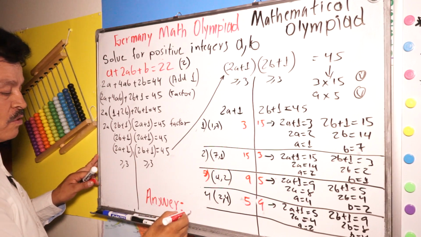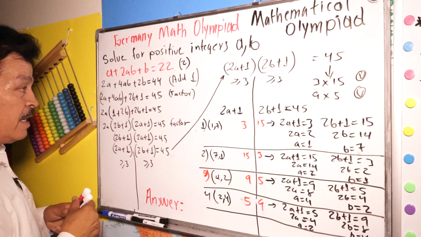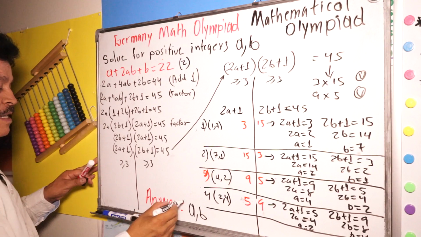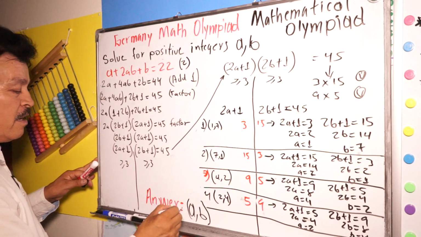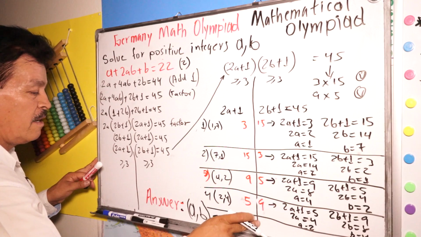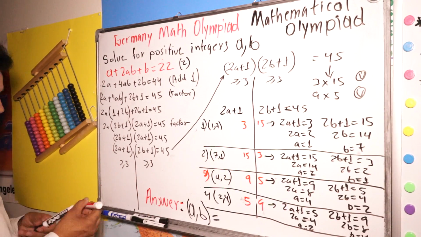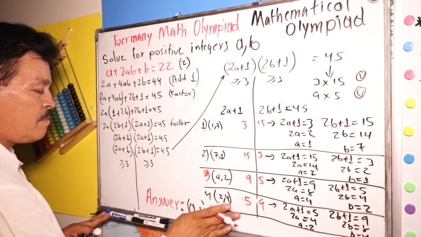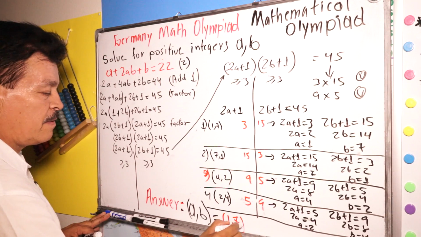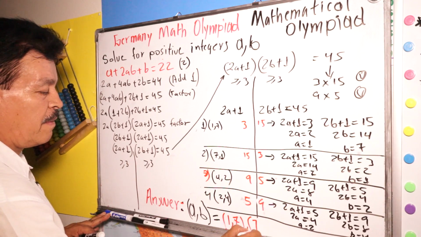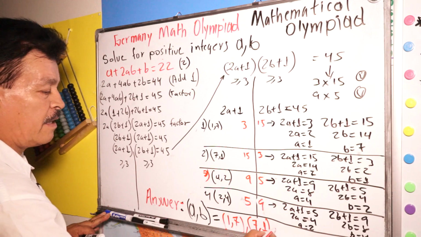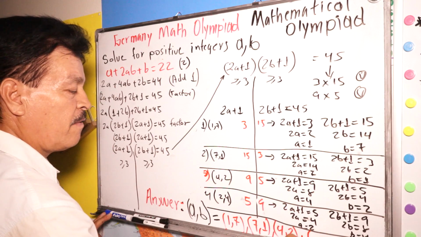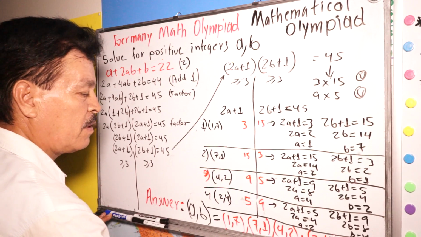The answer for a comma b is equal to all those answers: 1, 7, comma, 7, 1, comma, 4, 2, and then comma 2, 4. All right.